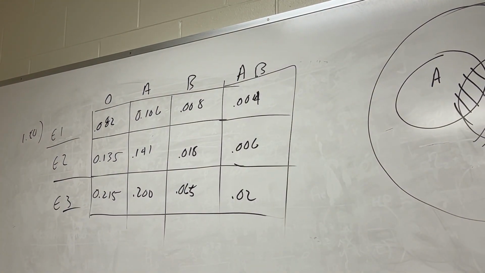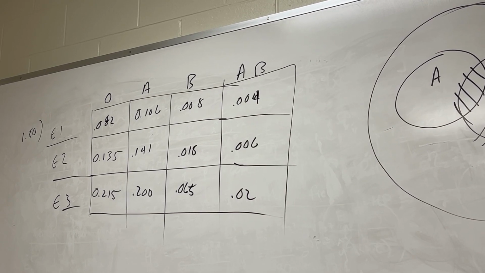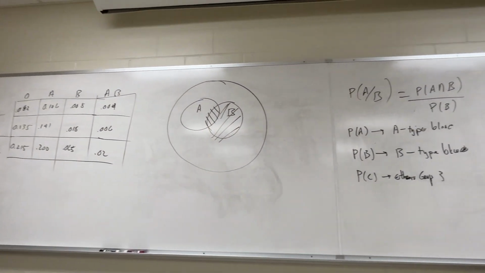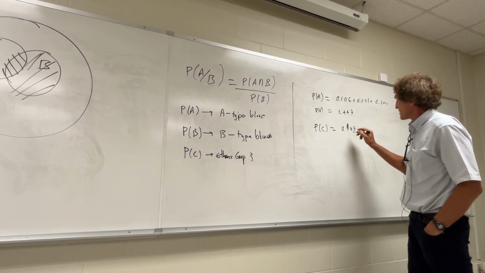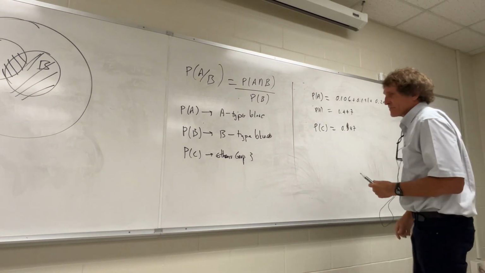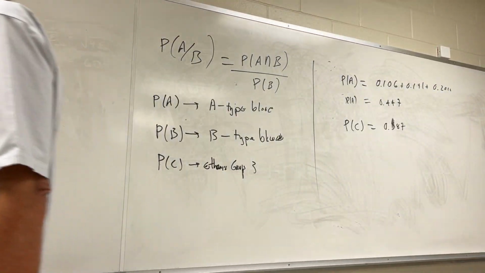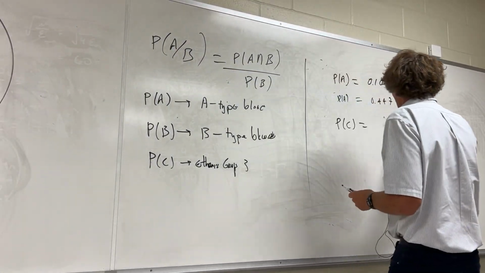Is that 0.487? Is that right? Should be 0.5. Oh, I'm sorry. No, it's just 0.5. All right, well, I messed up. Are those numbers right? 0.5? Yes, sir. Okay, I'll trust you. I think you're right.